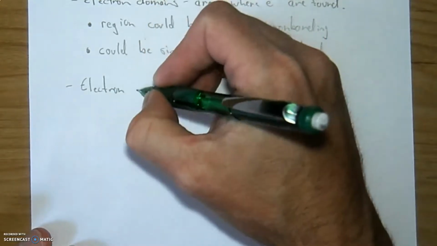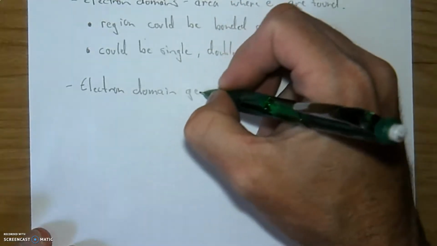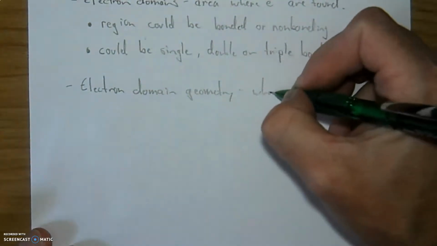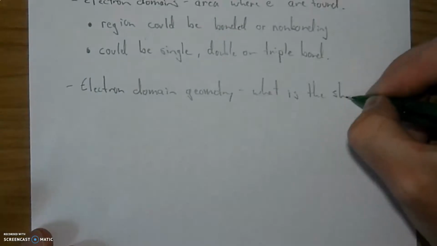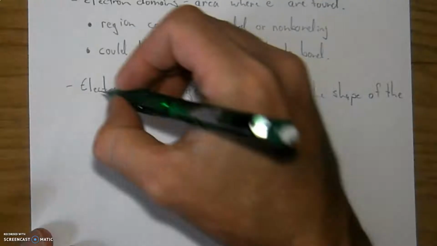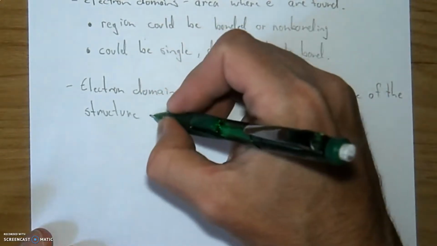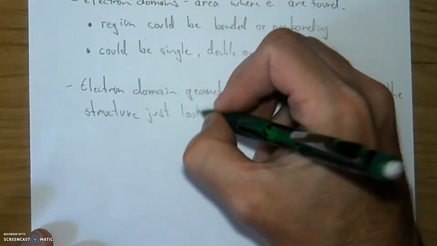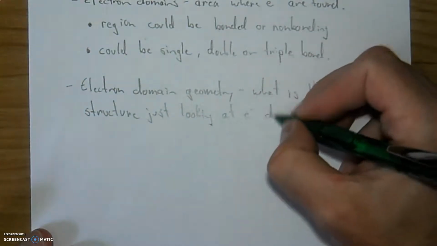Okay. Something else we can refer to is the electron domain geometry. So, clarifying, what is the shape of the structure just and only looking at the electron domains?